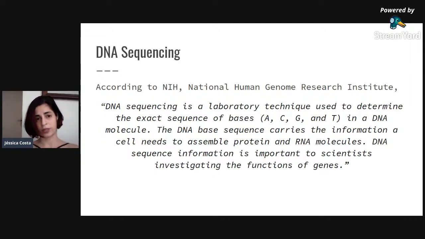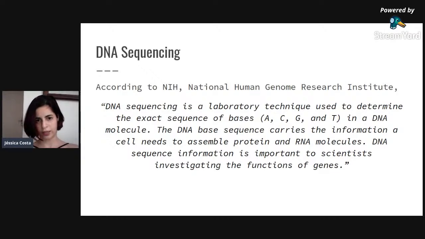It determines this life. So A, C, G, and T: adenine, cytosine, guanine, and thymine. I don't know how to say in English very well the substance that forms these bases. So in a DNA molecule, the DNA base sequence carries the information a cell needs to assemble protein and RNA molecules.